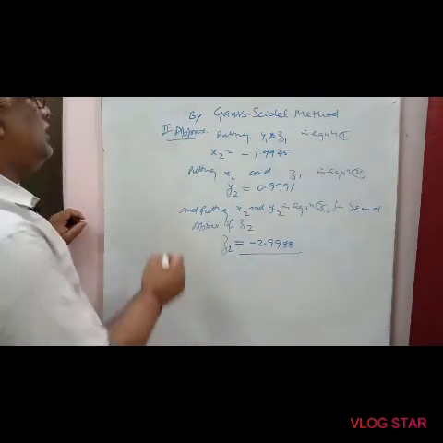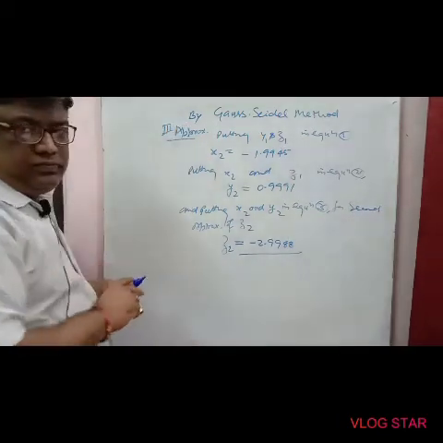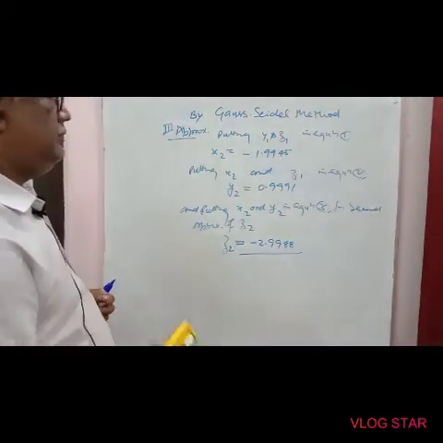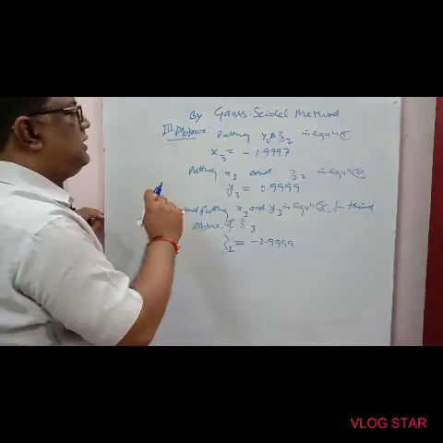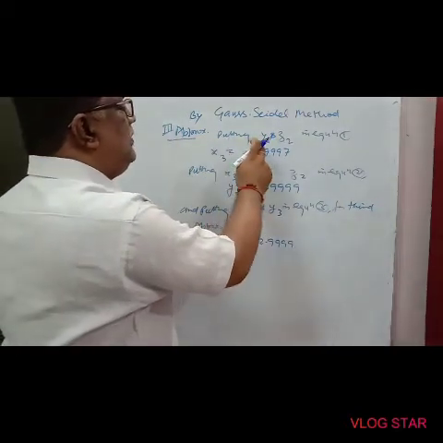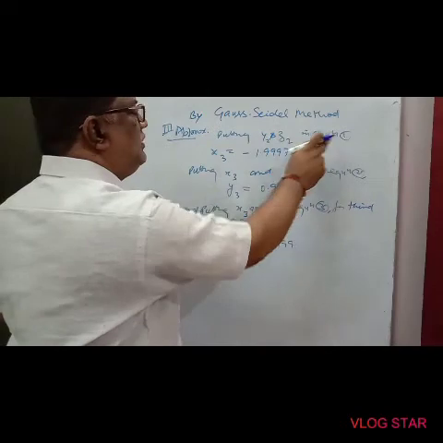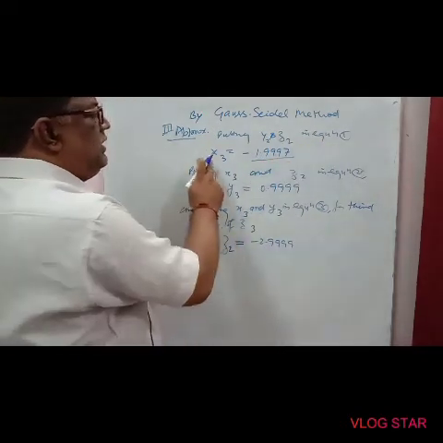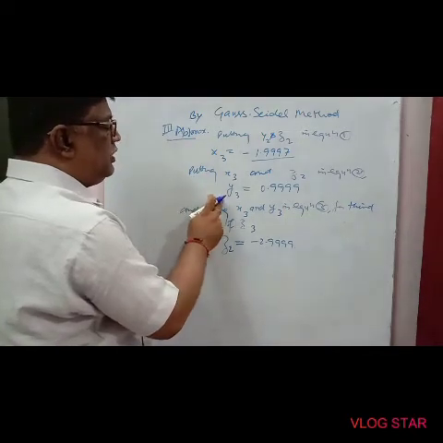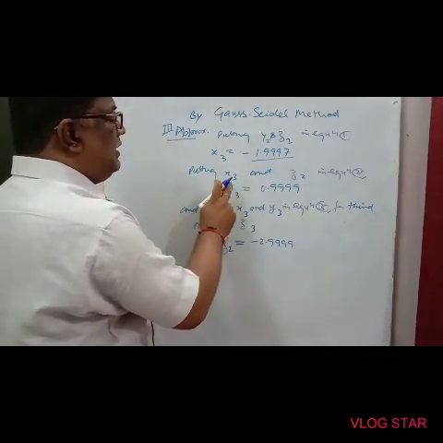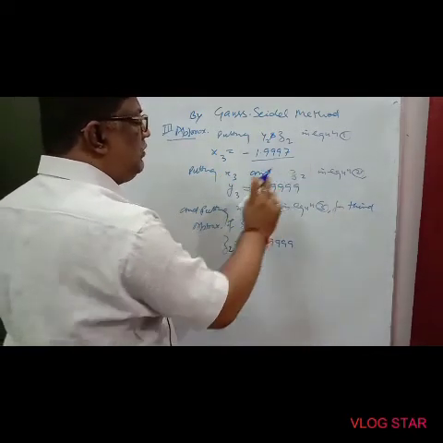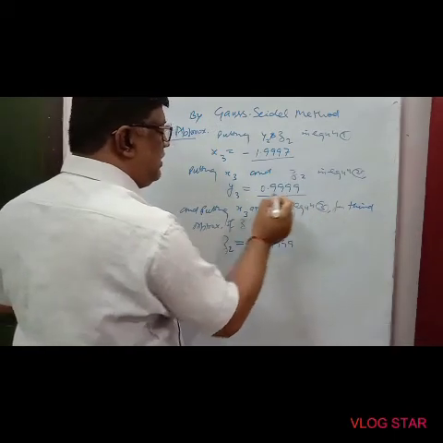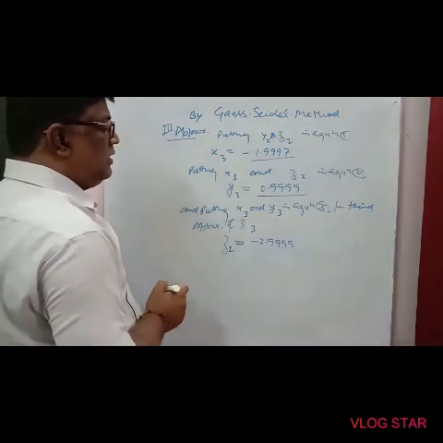Similarly, we have to do the third approximation. For the third approximation, putting the values of y2 and z2 in equation 1 and using the calculator, find this value x3. The third approximation of y3, putting x3 and z2 in equation number 2.